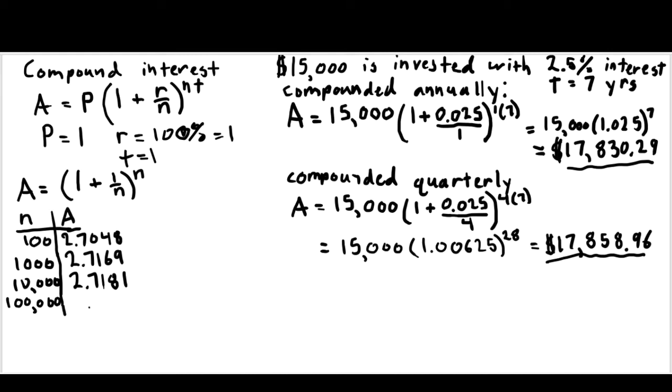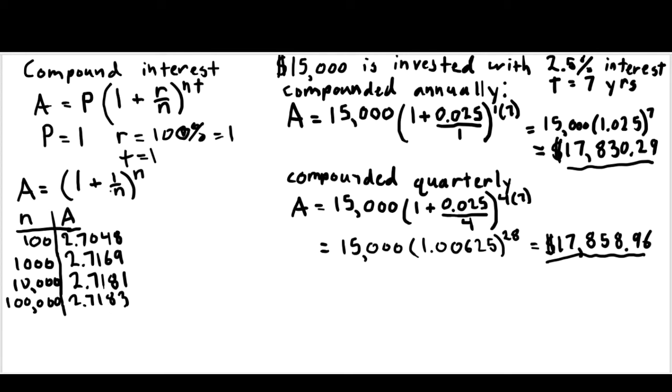If I put in 100,000, I get about 2.7183. If you keep going up, it's going to gradually get bigger, but it's basically approaching a very specific number.